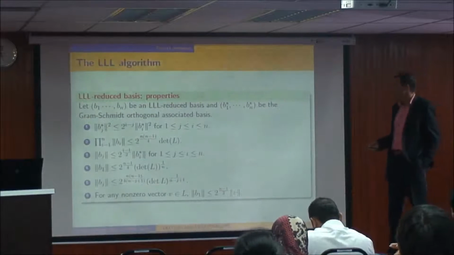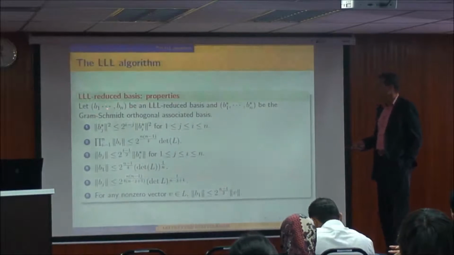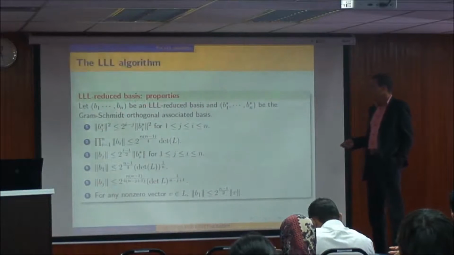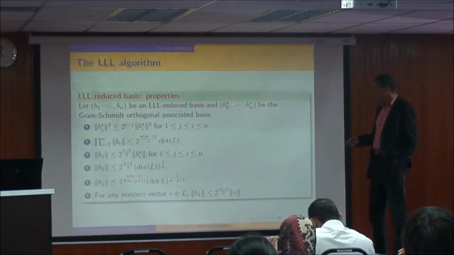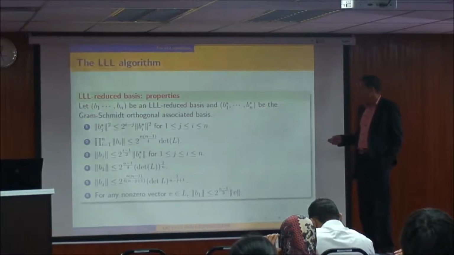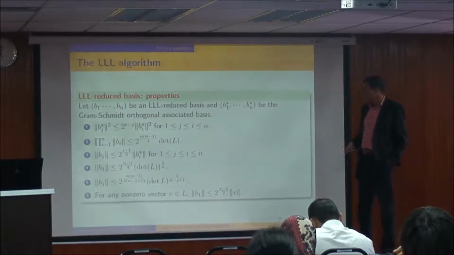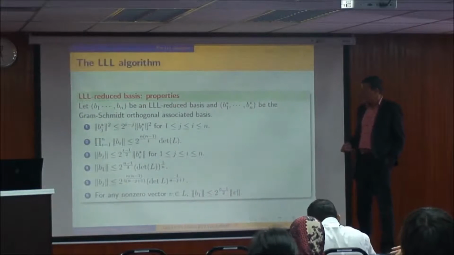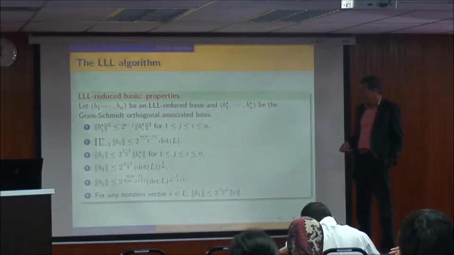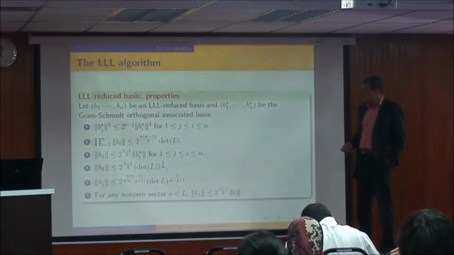And there are many properties of an LLL reduced basis. When we have B1 to Bn an LLL reduced basis and B1 star to Bn star the associated orthogonal basis, we can find many very important properties satisfied by this basis.